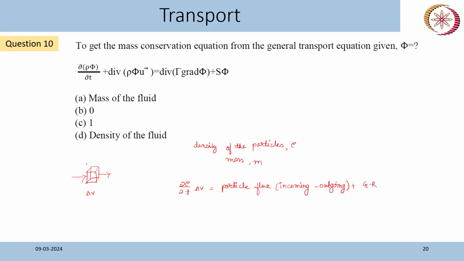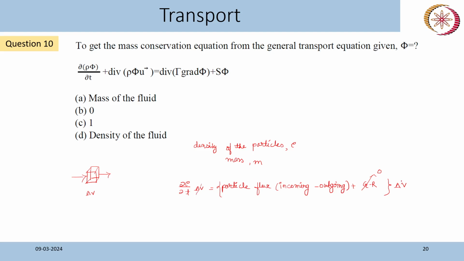For example, because of incident light, the number of carriers will increase, so there may be a generation and recombination term, but for this case let's consider this is 0. Or it can be anything, there can be some generation and recombination. And this term will also be multiplied with delta V. We are considering the whole volume.